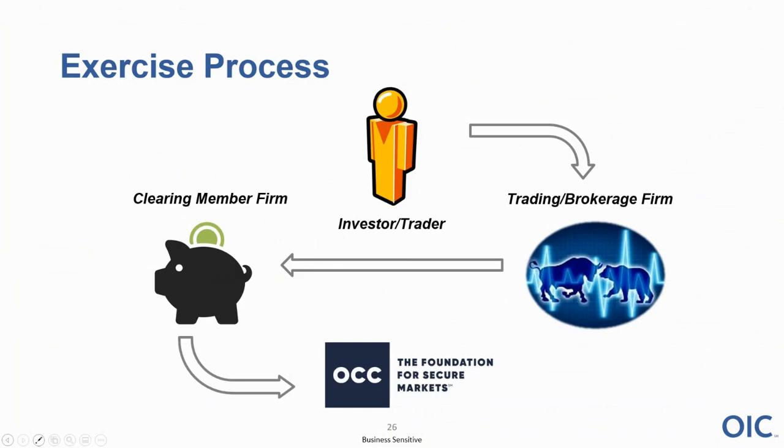OCC is the clearing organization that oversees the option markets in the U.S. with our participant exchanges, those being the NYSE, the CBOE, the NASDAQ, the Miami exchanges, MIAX, as well as the BOX, and all of the satellite exchanges that those parent exchanges operate. So OCC facilitates that exercise and assignment process in addition to many other services.